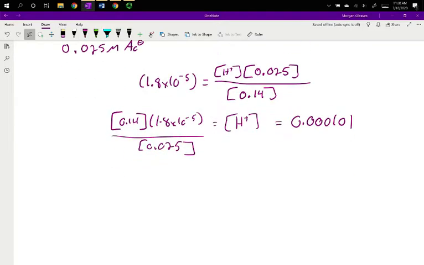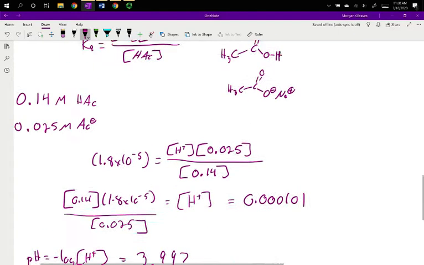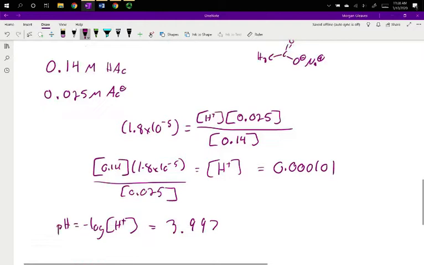We can always calculate the pH of an H+ concentration, which is how most buffer questions will go. You will be asked to find the pH. pH is the negative log of the H+. So in our case, negative log of 0.000101, I get 3.997 as our pH with 2 sig figs.